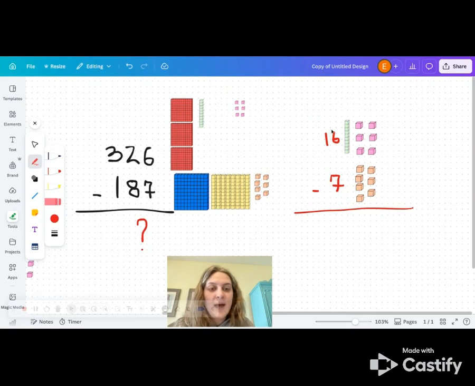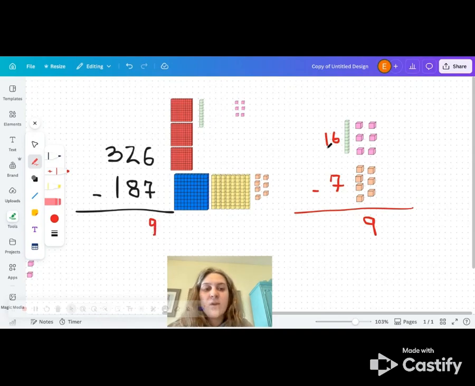Okay, so now I have this 16 right here minus 7. So 16 minus 7 is 9. So we will write 9 right here. So that 9 will go in the ones place.